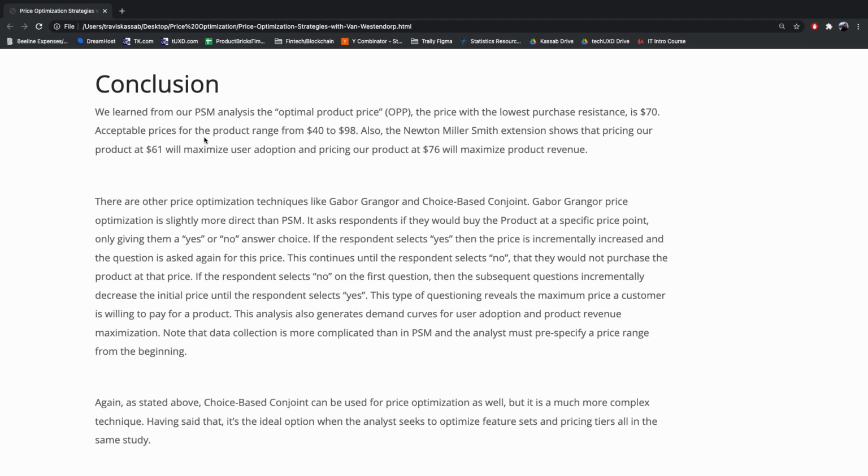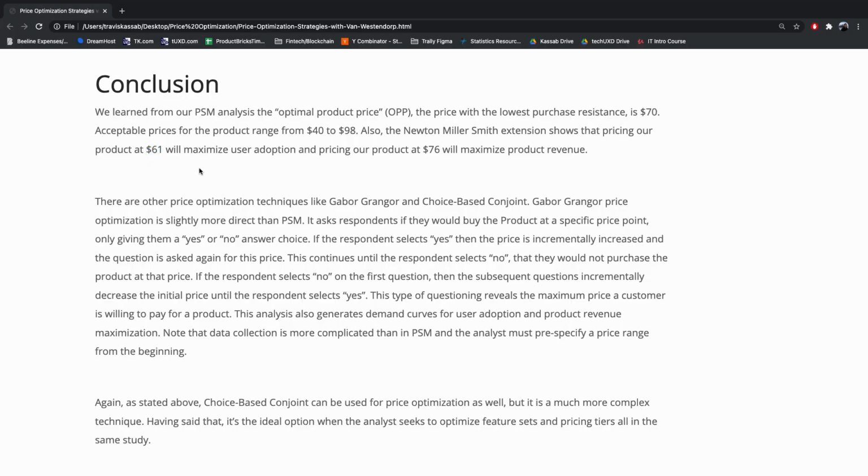There's a range of acceptable prices which go from $40 to $98. We also learned from the Newton-Miller-Smith extension that pricing our product at $61 will maximize user adoption. And so if we're prioritizing user growth, then maybe we want to skew to the lower side, right? Instead of pricing at $70, which is our OPP, or $76, which maximizes product revenue.